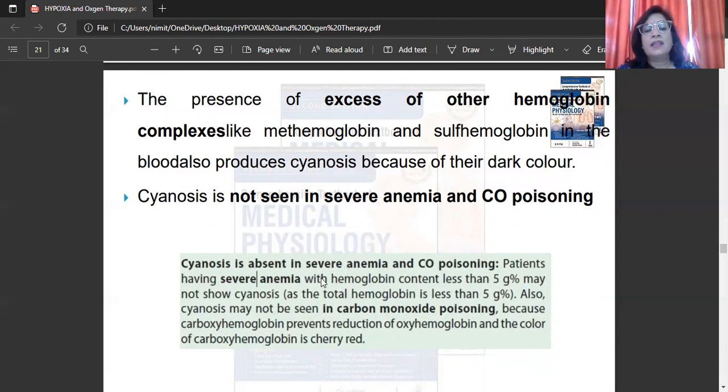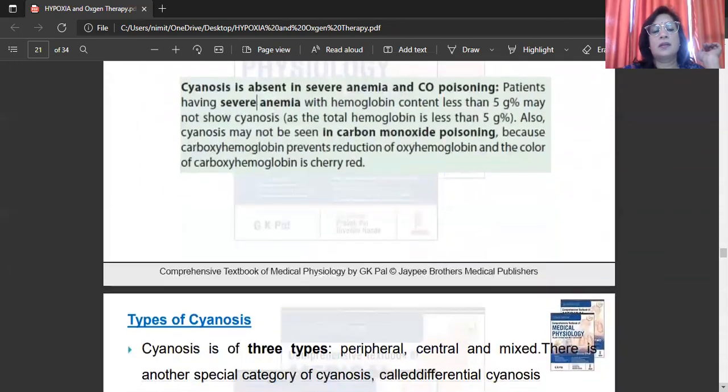Important point. Why? In severe anemia, the hemoglobin content is already less, so total hemoglobin is less. Also cyanosis may not be seen in carbon monoxide poisoning because carboxyhemoglobin prevents reduction of oxyhemoglobin and the color of carboxyhemoglobin is cherry red. We will not get cyanosis.